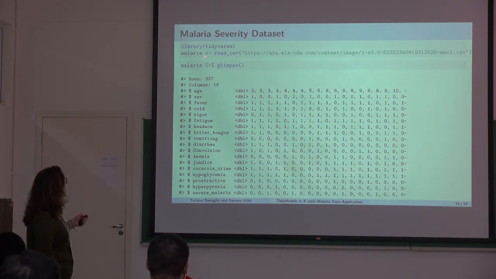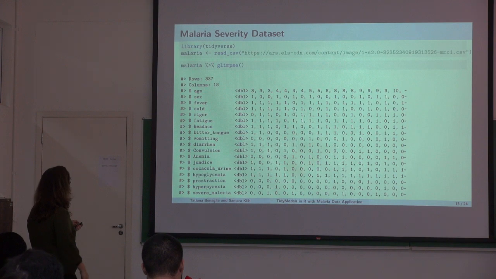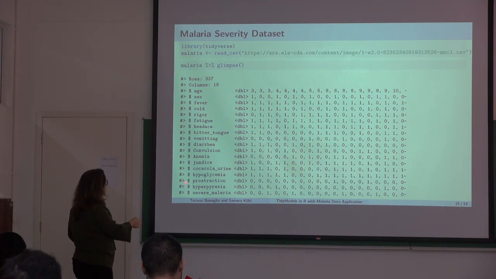So here is what we have in our data. Reading our data, the CSV file from this website here that you can read straight into R. And we're going to take a look. So we have 18 variables. One of them is the response variable, which is this last one, the severity of malaria. And everything else, you can see here, is binary.